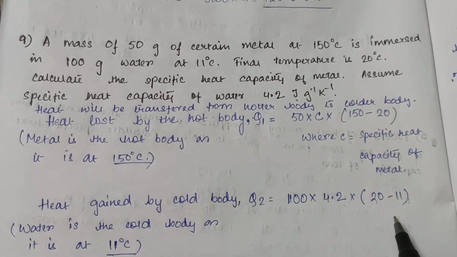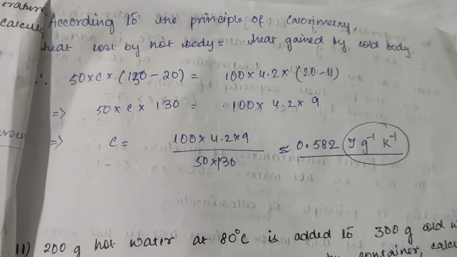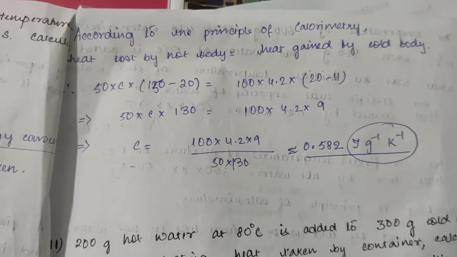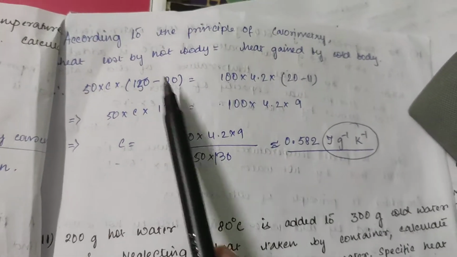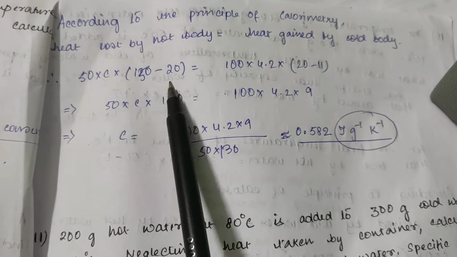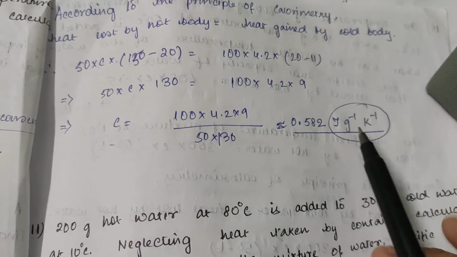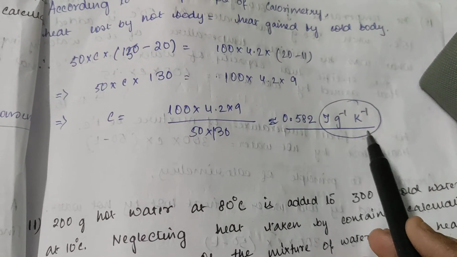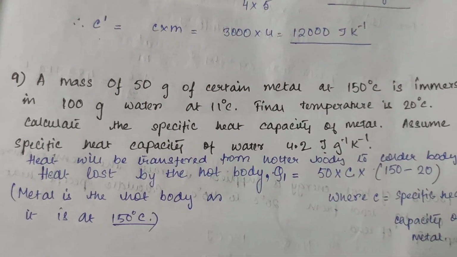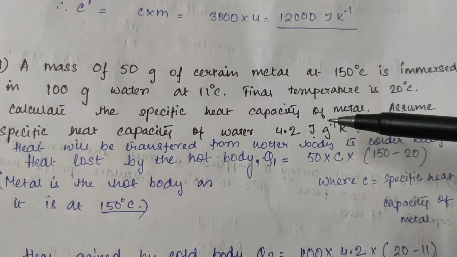Now notice that, let me just show you the whole sum, then I'll tell you one thing. According to the principle of calorimetry, obviously heat lost by the hot body equals heat gained by the cold body, and I have found C. See, I have found it in joule per gram per Kelvin. Why? Because initially the specific heat capacity of water was given as 4.2 joule per gram per Kelvin.